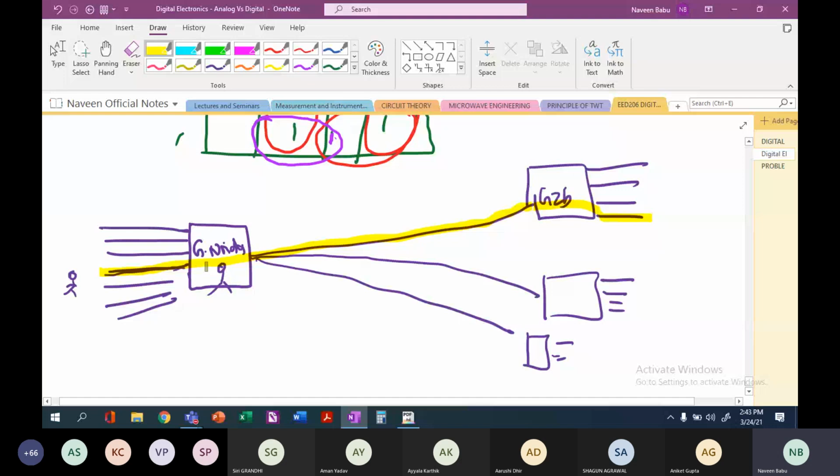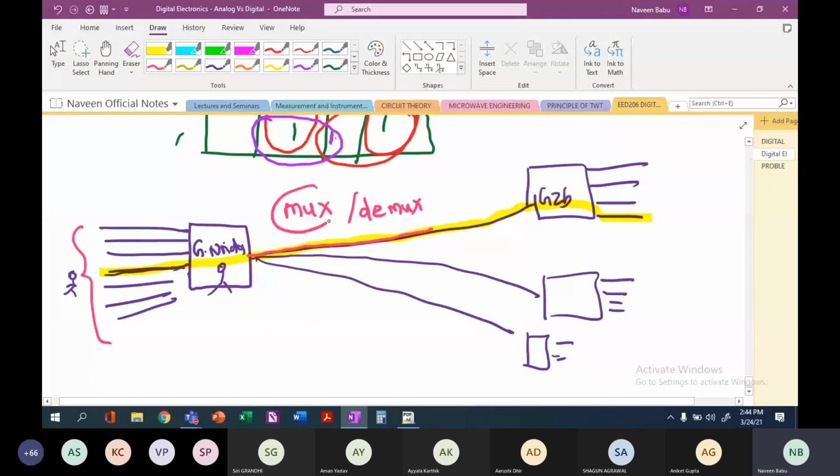And how this process of connecting and switching takes place is, this process is a combination of a multiplexer and a demultiplexer. What a multiplexer is: from many inputs, I am getting connected to one output here, right?